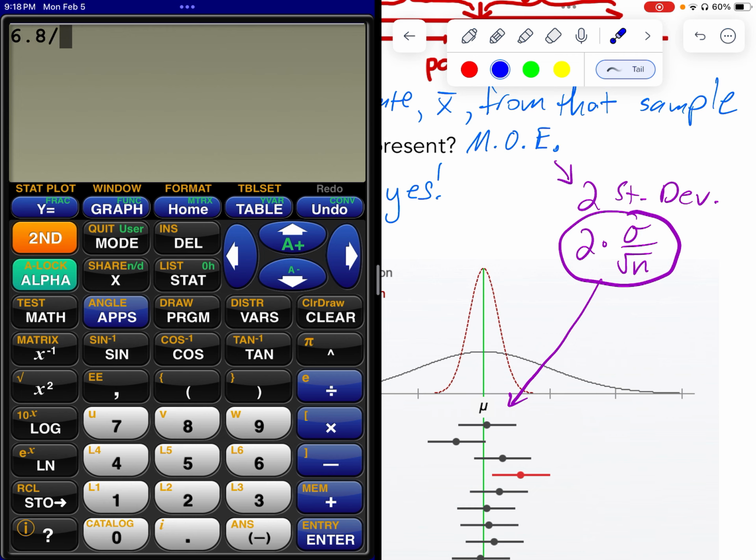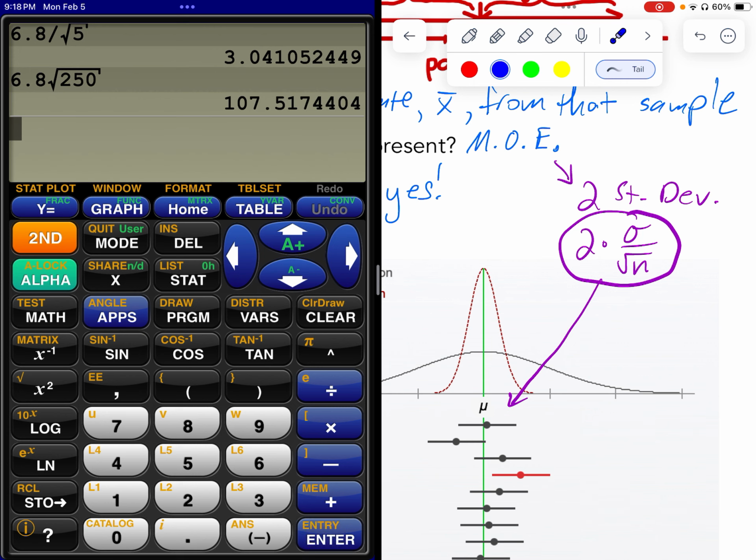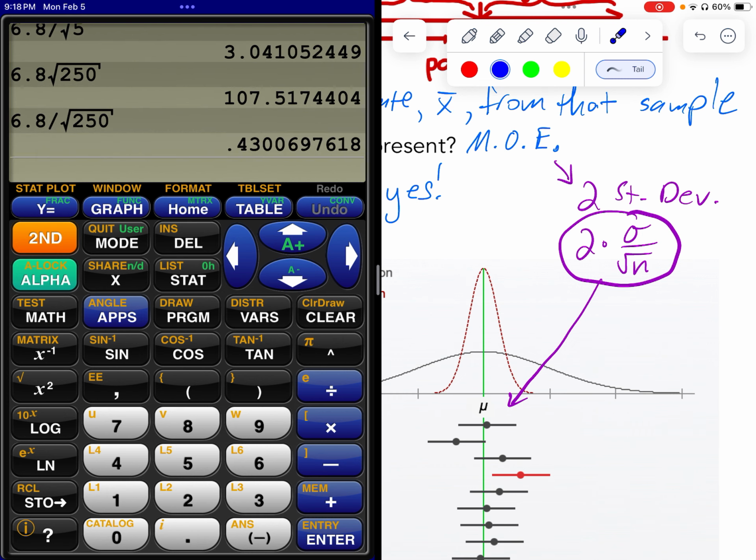If I had a sample size of 5, like I did yesterday, that would be the standard deviation of that sample of size 5. If I increase my sample size to 250, like I just did on the applet, the standard deviation is now 0.43. It's over 6 times smaller than 3.